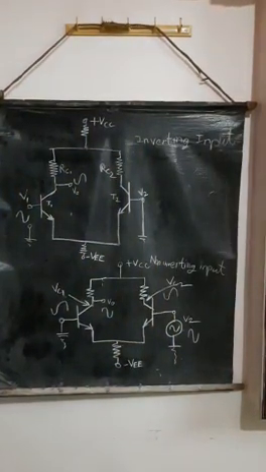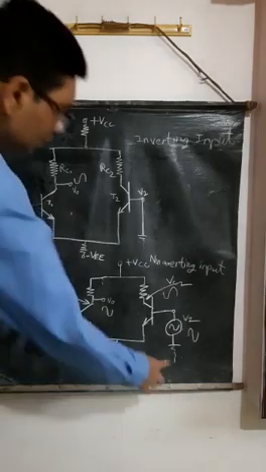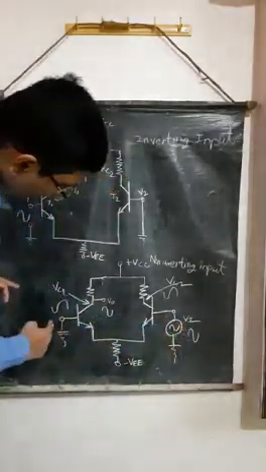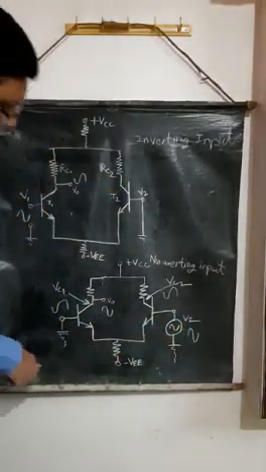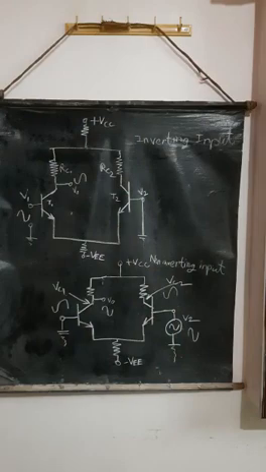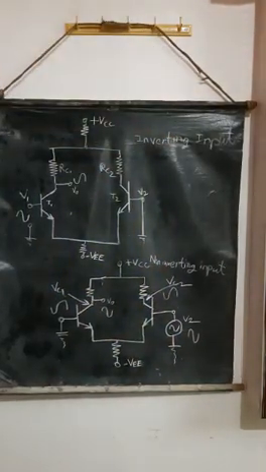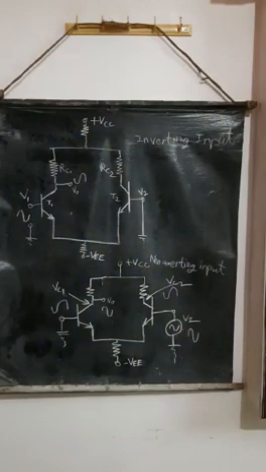As I have explained, in the first case the signal appearing at the base of the T1 is 180 degree out of phase with input. In this case, as we will give signal, we will get the same signal at that output. So it is called as non-inverting input.